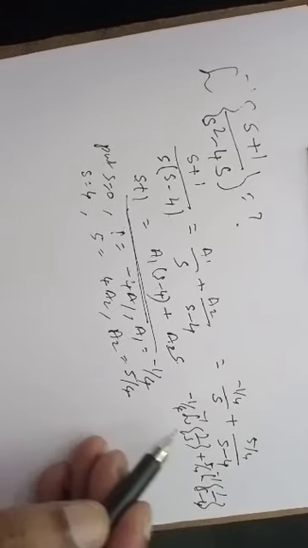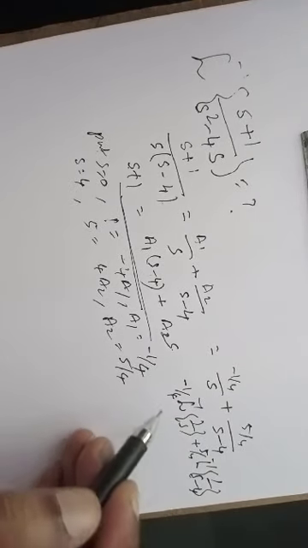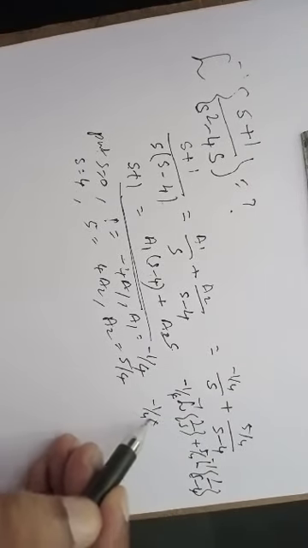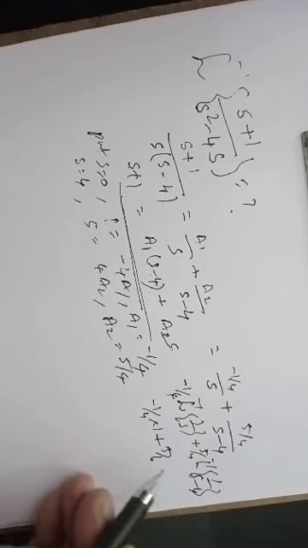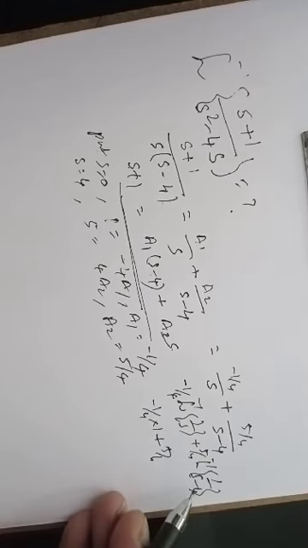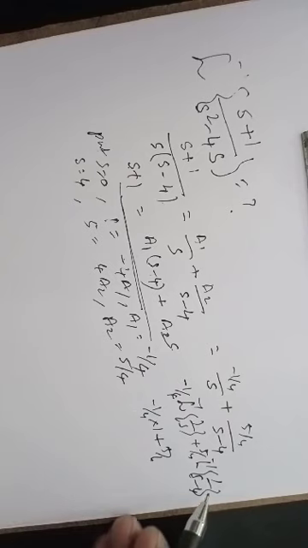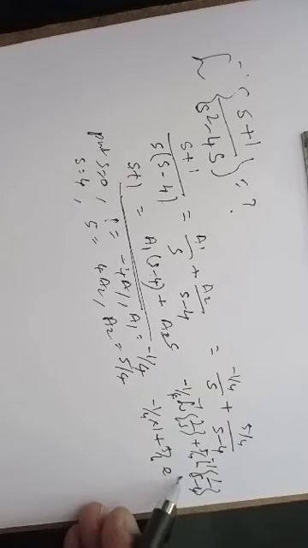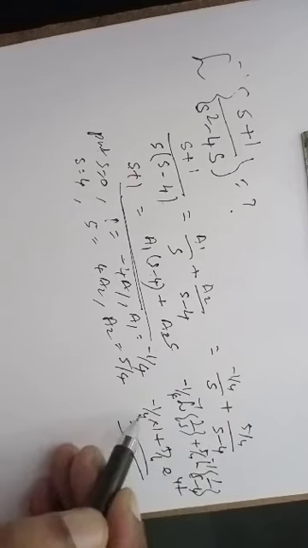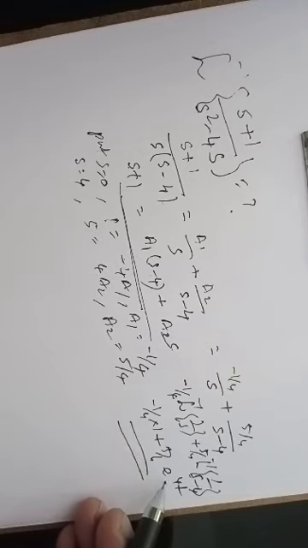What is L inverse of 1 by s? That is 1. So it is minus 1 by 4 into 1 plus 5 by 4 into L inverse of 1 by s minus a, which is e raised to at. Therefore, L inverse of 1 by s minus 4 is e raised to 4t. This is the answer: minus 1 by 4 plus 5 by 4 e raised to 4t.